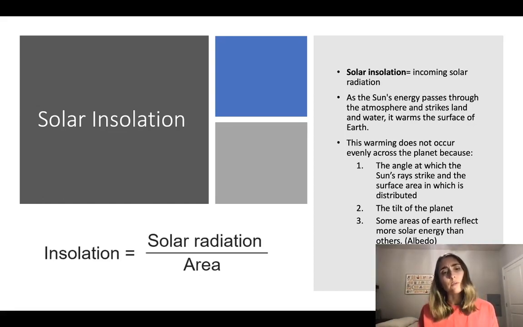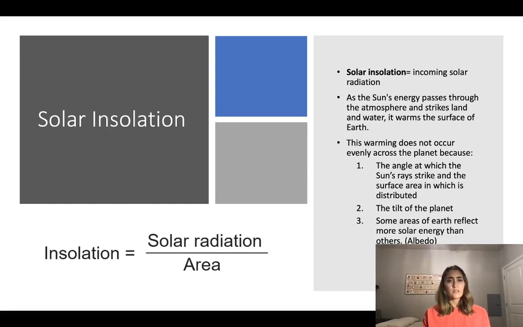Something important to note though, and you already should know this, is that the Earth is not heated evenly. Even though we have all of this solar insolation, we have the sun, and we receive this distribution of sunlight, there's always light touching some part of our planet at some point. The actual warming doesn't occur evenly, and there are three main causes for this.